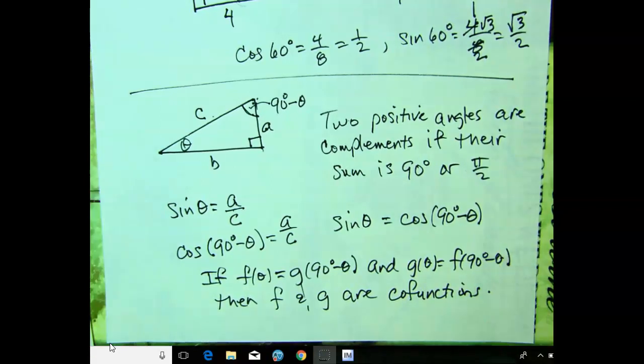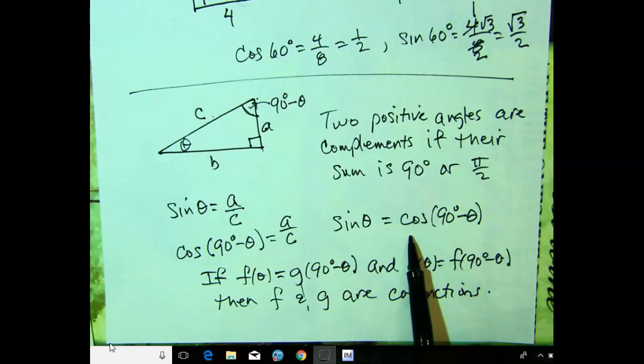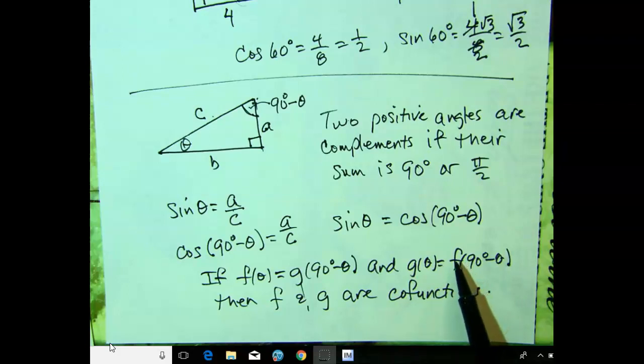So sine and cosine are cofunctions. Secant and cosecant are cofunctions. Tangent and cotangent are cofunctions.